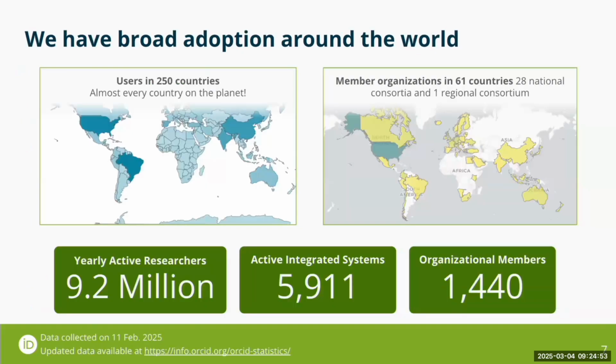And this is the current global representation. We now have nearly 1,000 organizational members, and different systems that connect with ORCID. There are about 9 million researchers in almost every country in the world actively using ORCID.